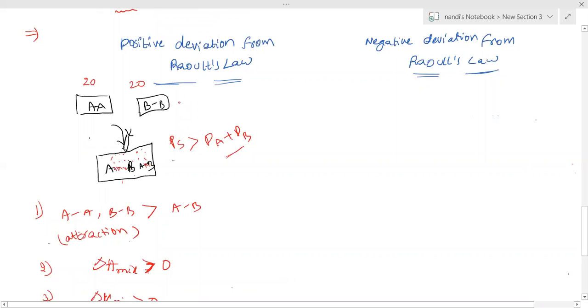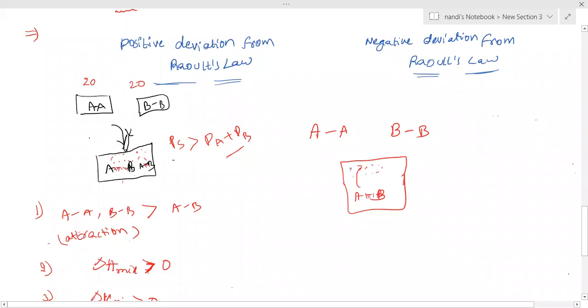Only in terms of attractions you can say, if A has an attraction and B has an attraction, once we are mixing these two, suppose AB attraction is strong or weak. Suppose AB attraction is weak, they can evaporate easily here.